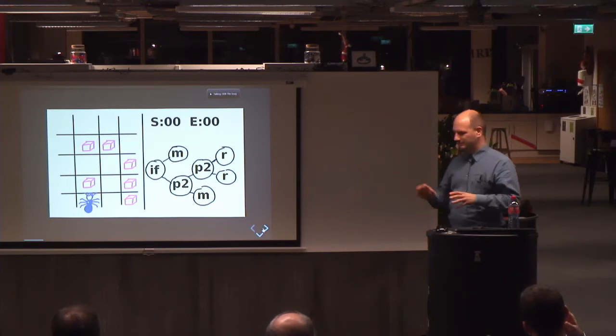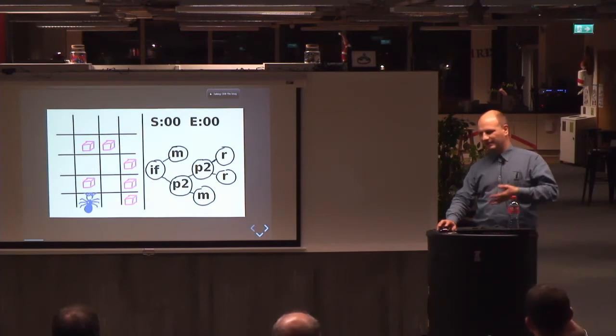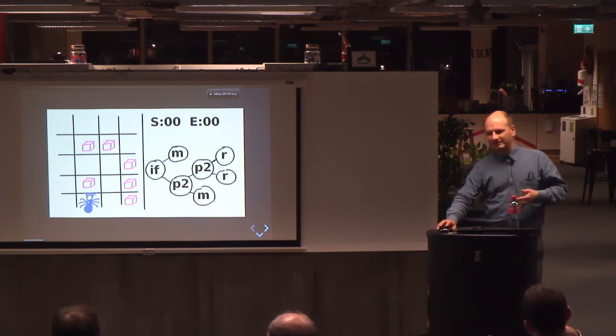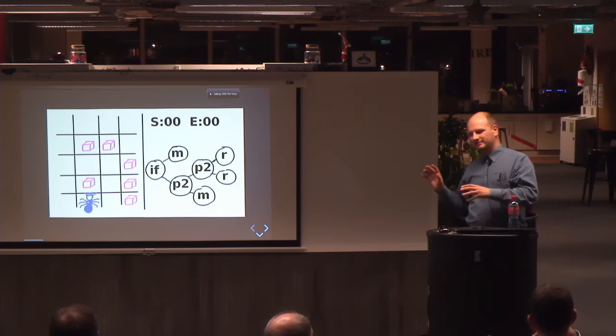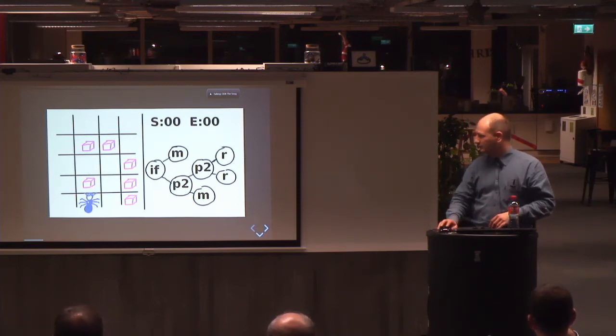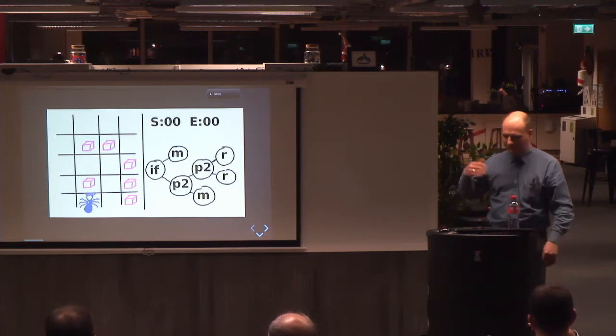So we have here a matrix, and this ant has the task to find all the sugar cubes on this path, but only with a limited knowledge about the environment.